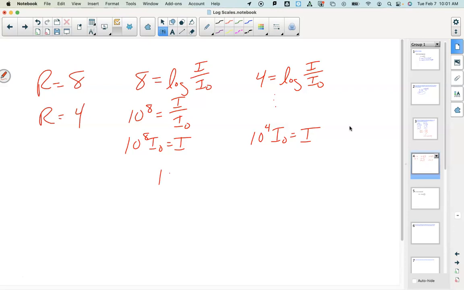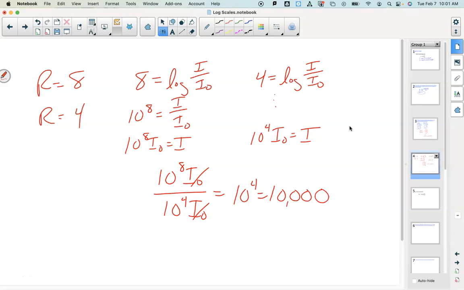Let's divide them. 10 to the 4th, 10,000 times more intense.